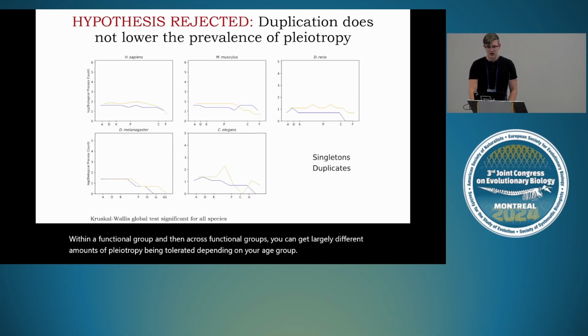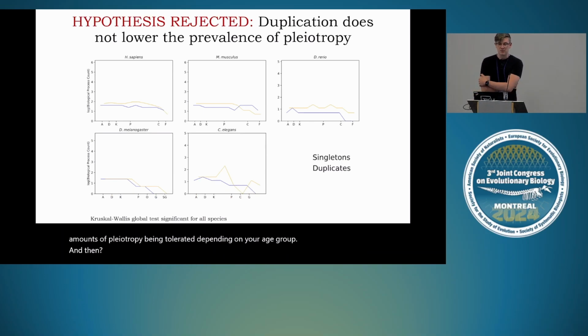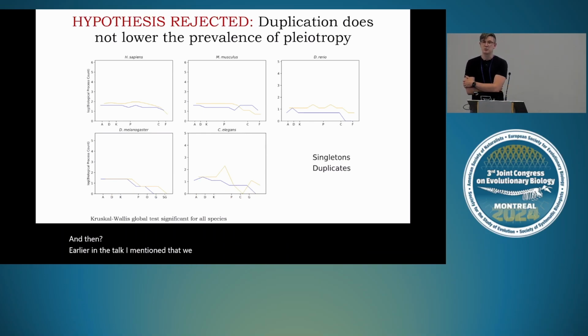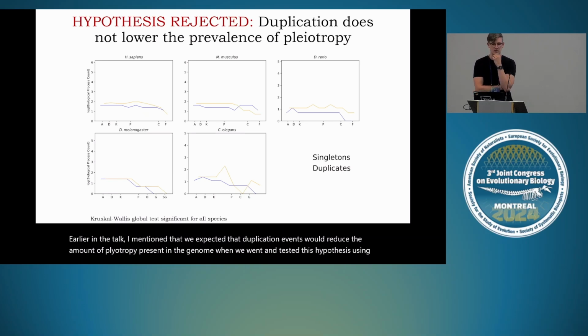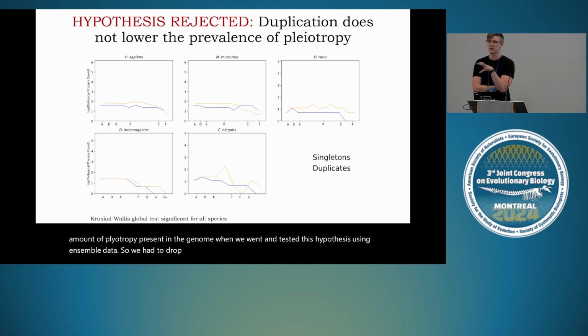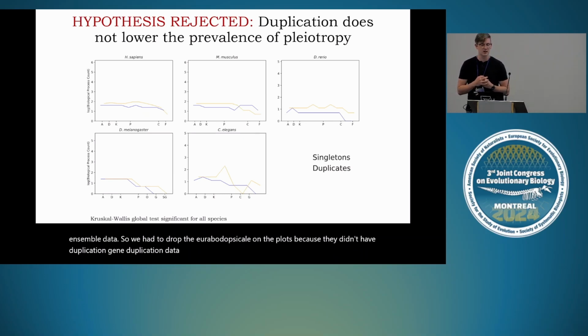And then earlier in the talk, I mentioned that we expected that duplication events would reduce the amount of pleiotropy present in the genome. When we went and tested this hypothesis using Ensembl data, we had to drop the Arabidopsis thaliana plots because they didn't have gene duplication data for Arabidopsis.